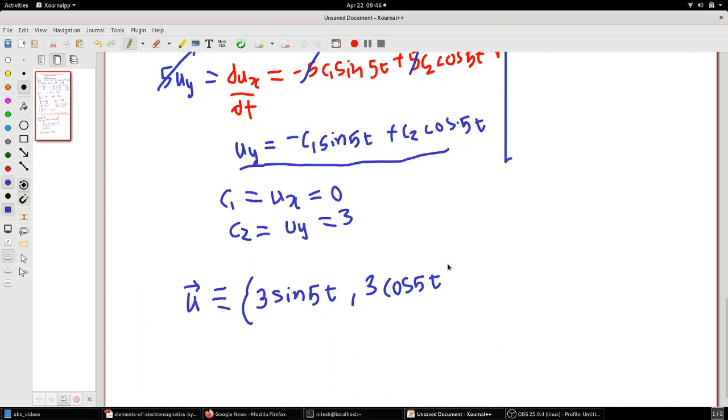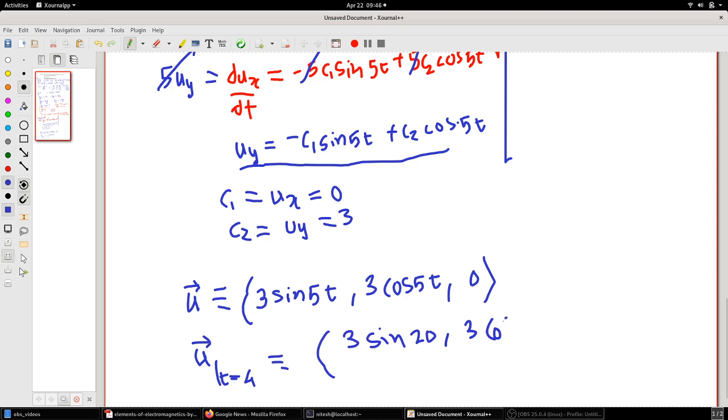So c0 will be 0. This will be 0. So u at t equal to 4 will be equal to 3 sine 20, 3 cos 20, 0. This is what you will get.